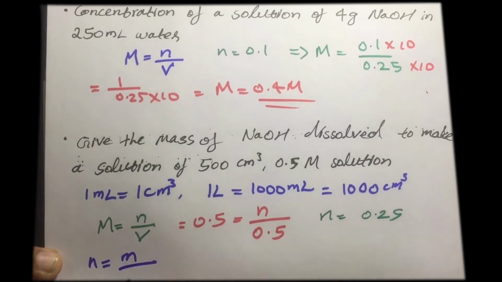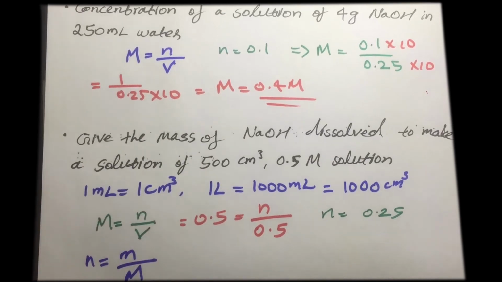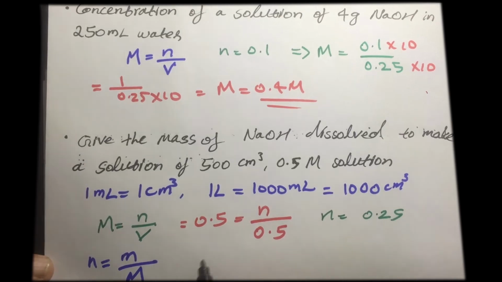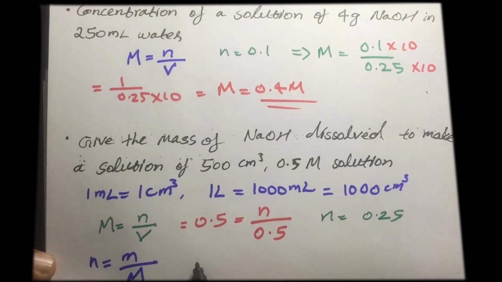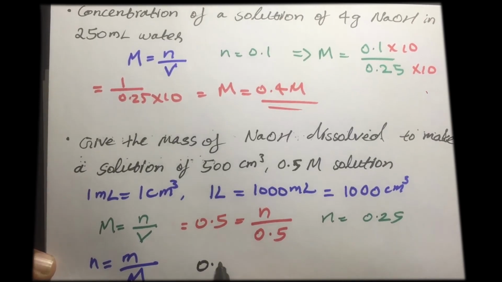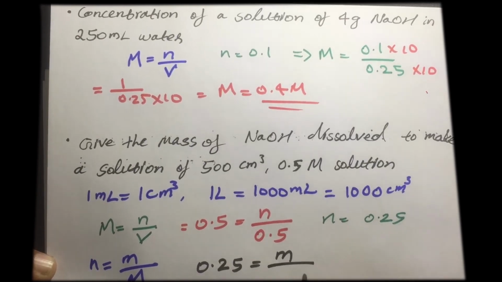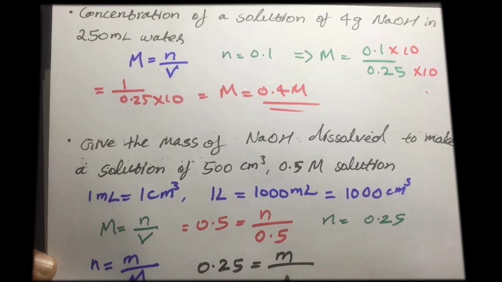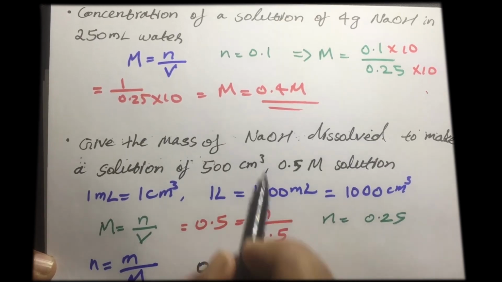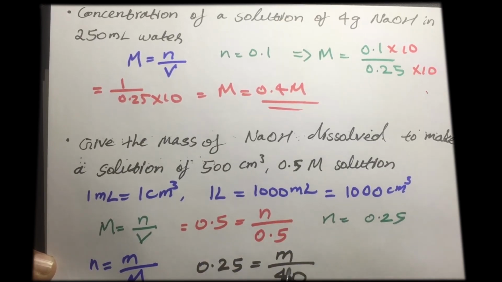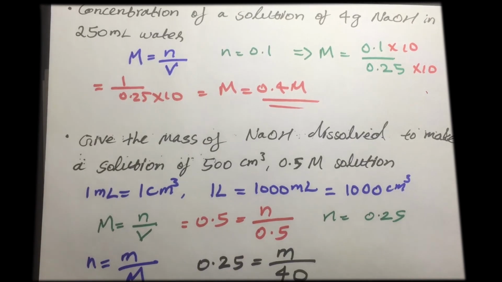We know that n is equal to mass by molar mass. We know that molar mass of NaOH is 40 gram. So from here we can find the mass of NaOH. n is 0.25, so 0.25 is equal to m divided by 40.